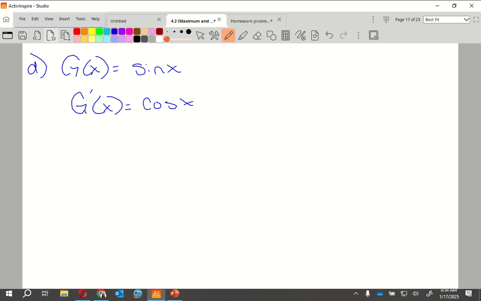Set equal to 0, very good. 0 and what else? Undefined, very good. So 0 and undefined. So let's go 0 equals cosine of X, and now I'm going to arc cosine this. So inverse cosine of 0. So what this is saying is, for my X value here, when is cosine equal to 0 on my unit circle?